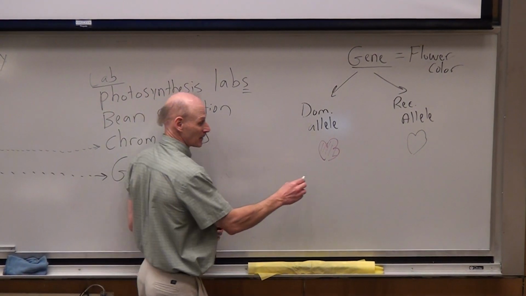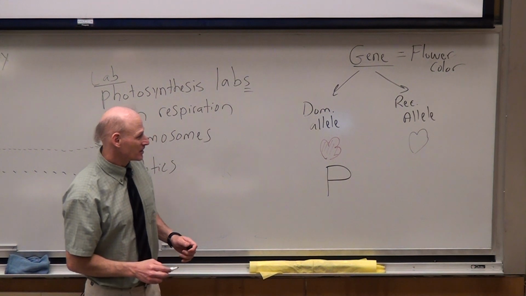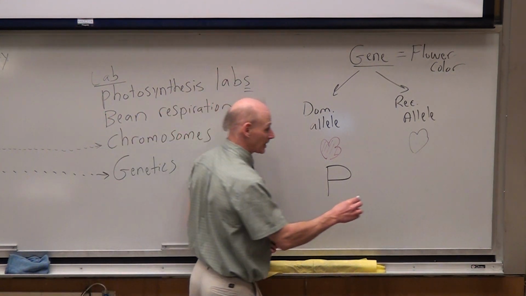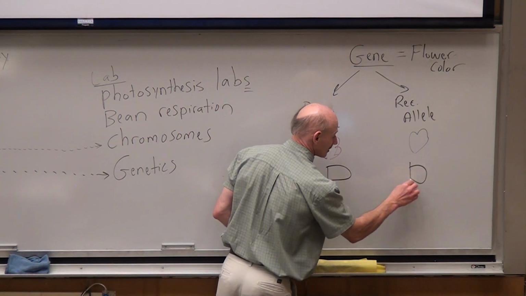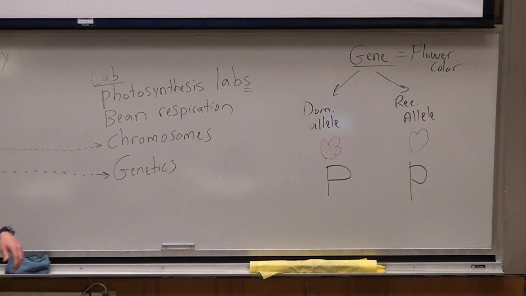What he normally said is let's use the capital letter to represent the dominant allele and the lowercase of that same letter to represent the recessive allele. And usually he picked the letter that described the dominant allele's trait, like since it's a purple flower, capital P means the dominant allele, and lowercase p would mean the recessive allele.